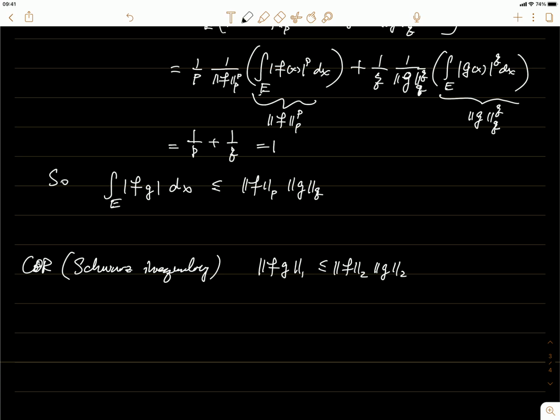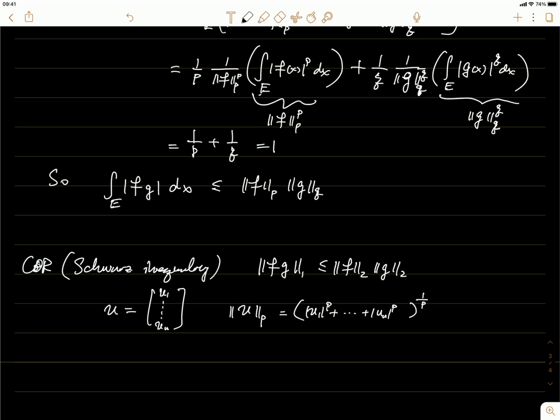Actually, this does not only hold for functions f, g. If you have two vectors, say f and g are two n-dimensional vectors, say a vector u equal to u1 up to un, then the p norm of u is defined as you take the sum of the p-th powers of the components and take the p-th root.